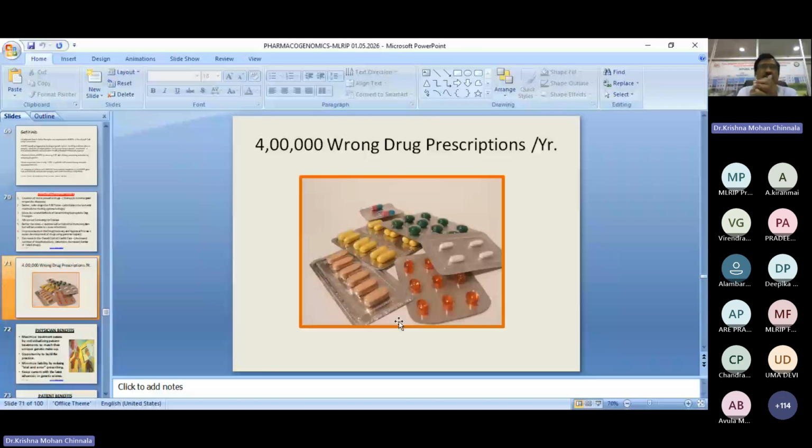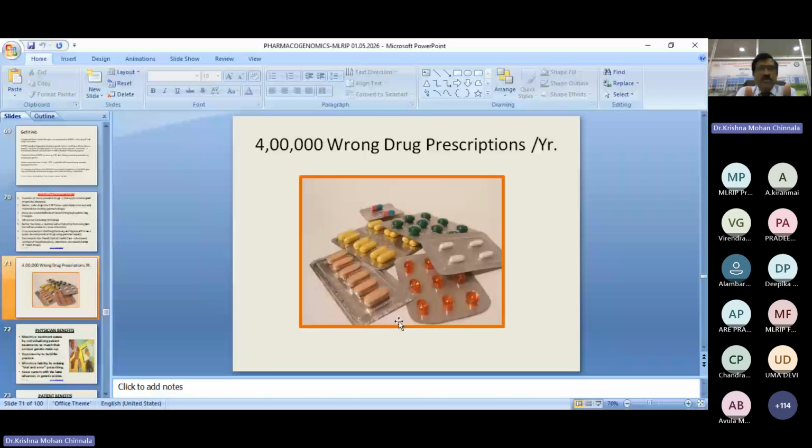Everybody was shocked. So much population, 130 crores, and no adverse drug reactions. Then the scientist said, there are no statistics at all in India.